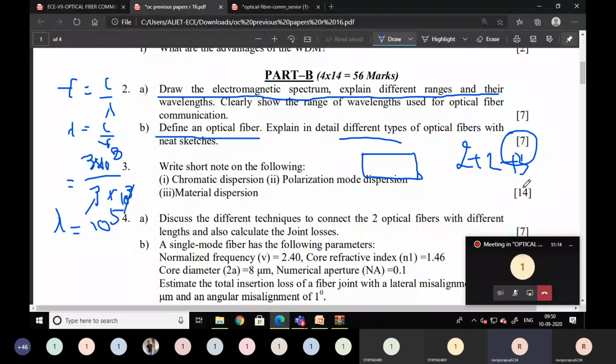A naught. Yes. Tell me types of fibers. Whatever you know, you can tell me. A6.